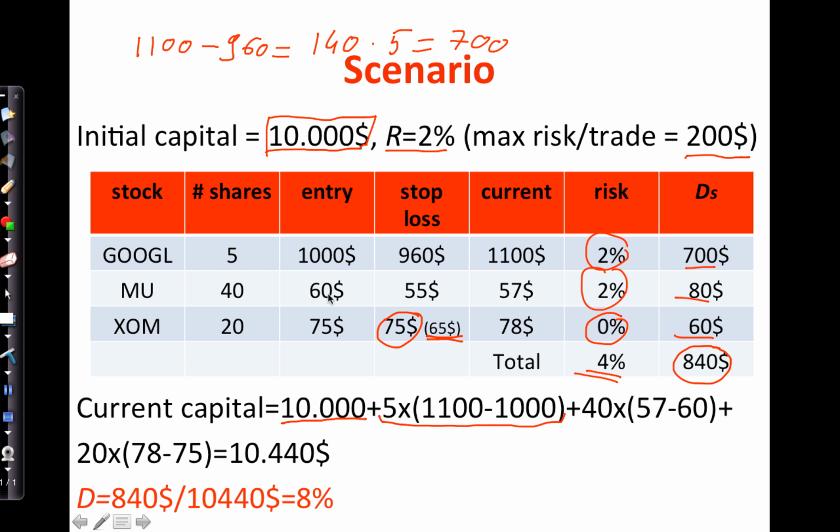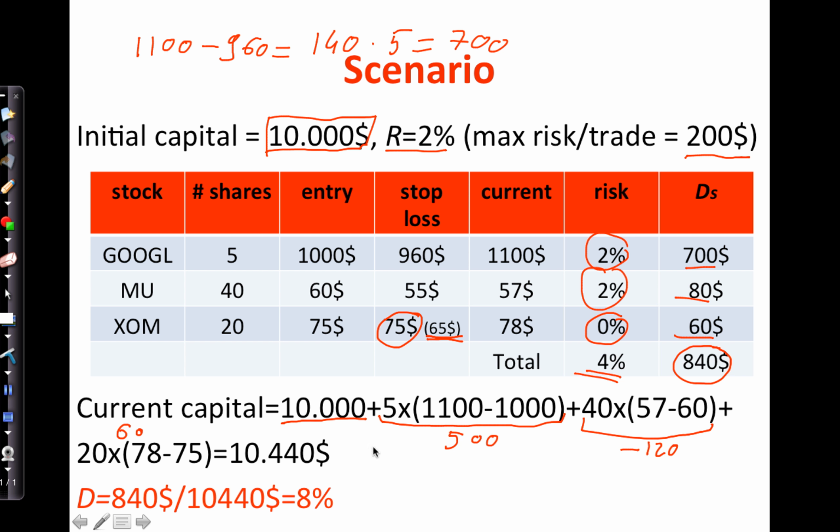This one actually, we are losing some money because we enter at 60 and now it is at 57. So 57 minus 60 times 40. So we are losing $120, right? And this one, XOM, we enter at 75, now it is 78, 3 times 20 is plus 60.